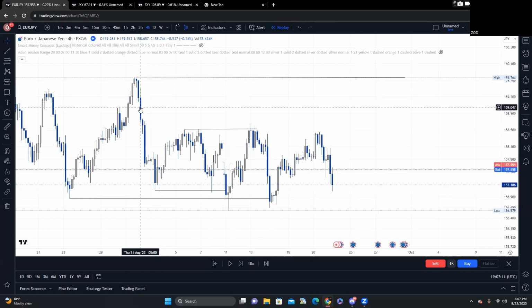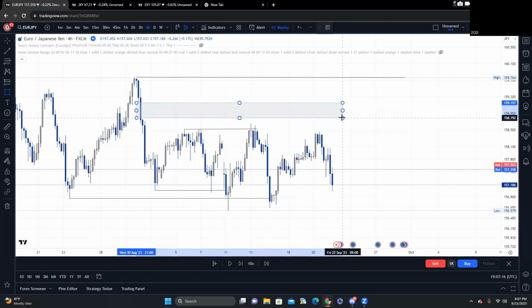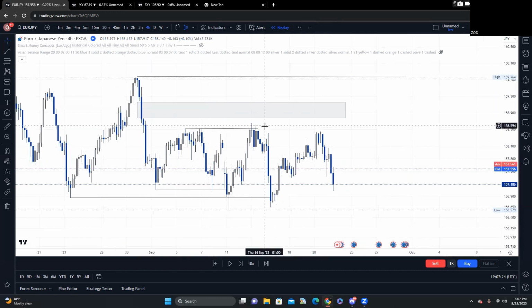Though don't forget I also have this area of fair value gap seated here, and then we'll have this order block here. So there's a lot of liquidity resting in everything here, but our focus is mainly from this level to this level. It doesn't mean that we're not looking at the fact that price can actually break above here, because if price is going to break above here, I'll be looking for a position on the way up, right?